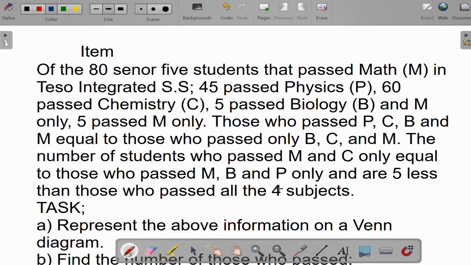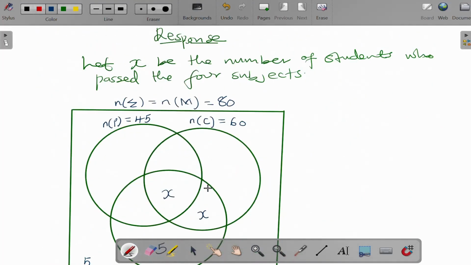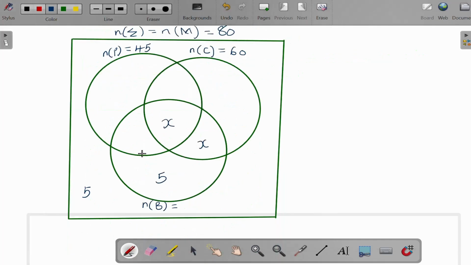So we are going to use the X, which are the students who passed the 4 subjects, and relate it with this statement, which says that those who passed mathematics and chemistry only equal those who passed math, biology, and physics only. So those who passed chemistry and math only are here, and those who passed math, physics, and biology only are located here.